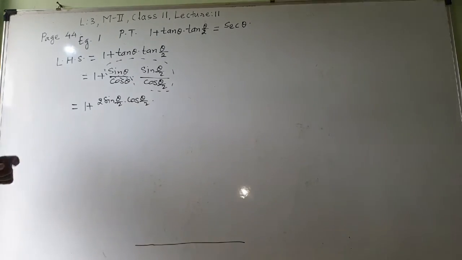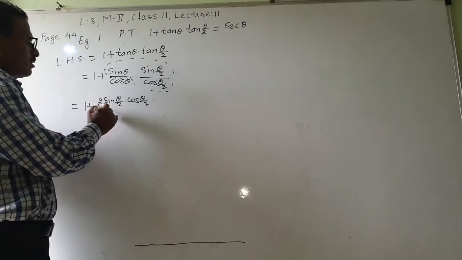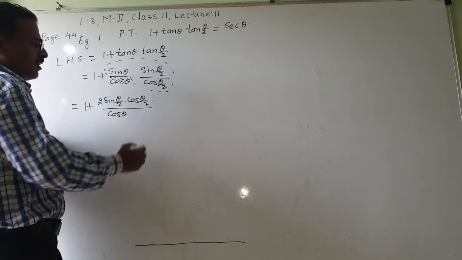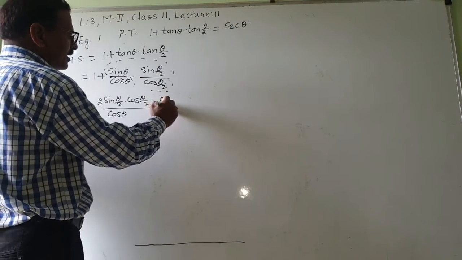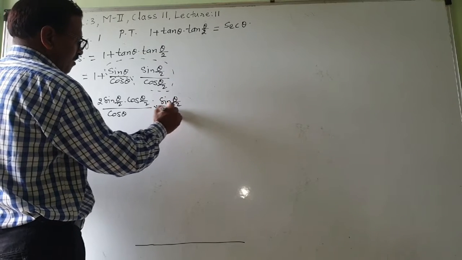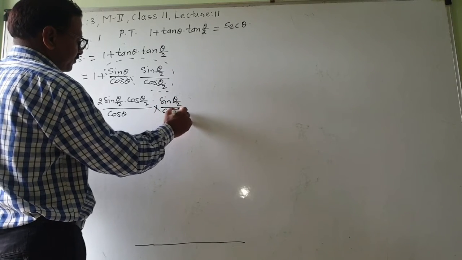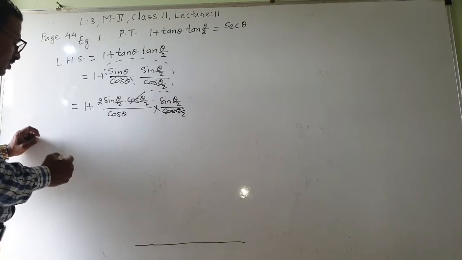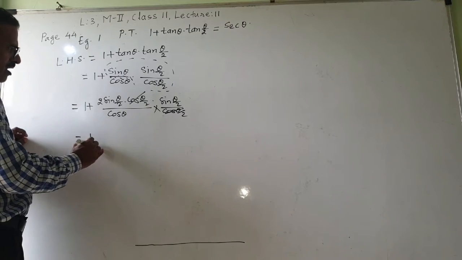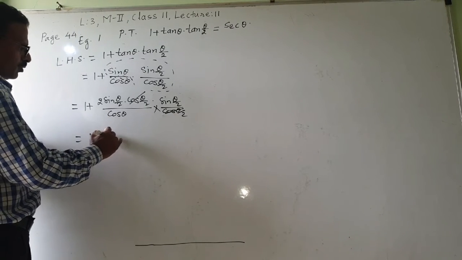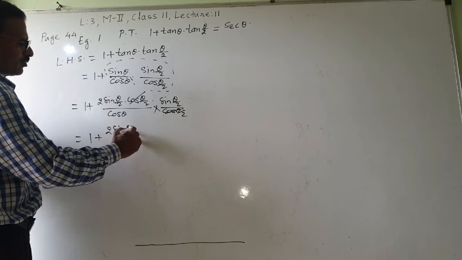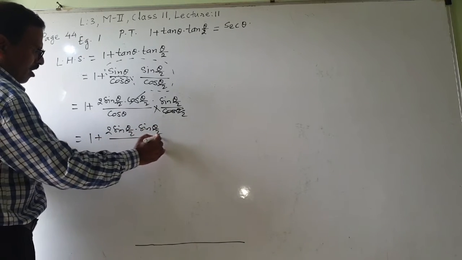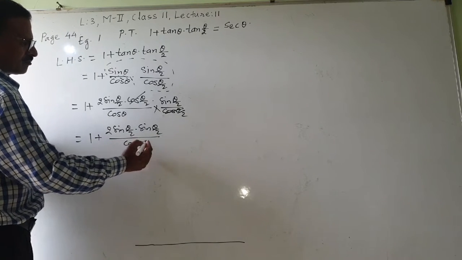In the earlier videos I have explained this in detail, so go through that, upon cos theta into sin theta by 2 upon cos theta by 2. Now this and this will get cancelled. So this is equal to 1 plus 2 sin theta by 2 into sin theta by 2 upon cos theta.